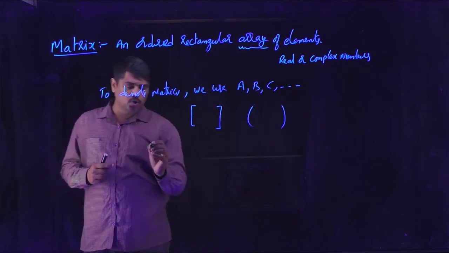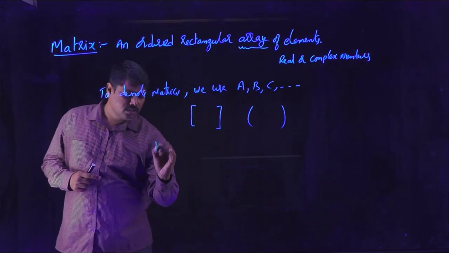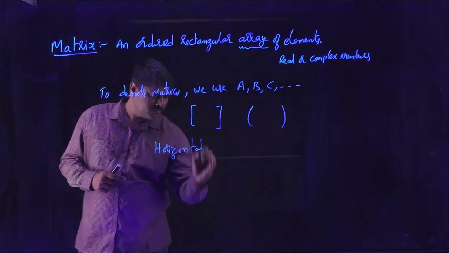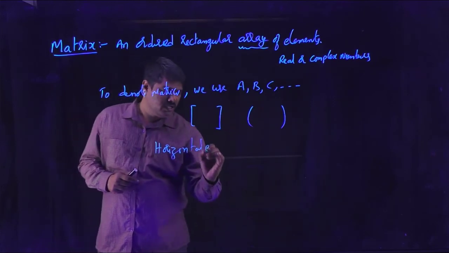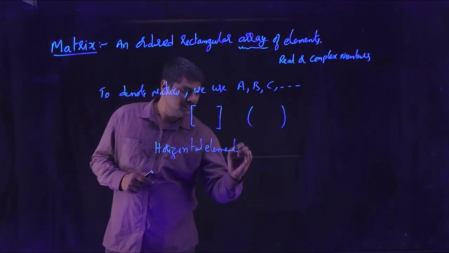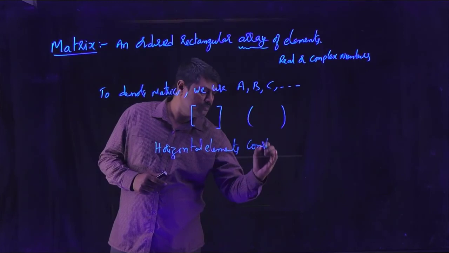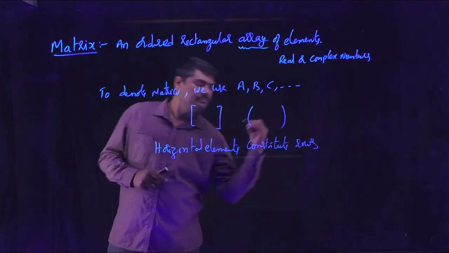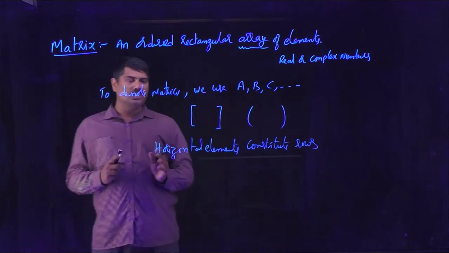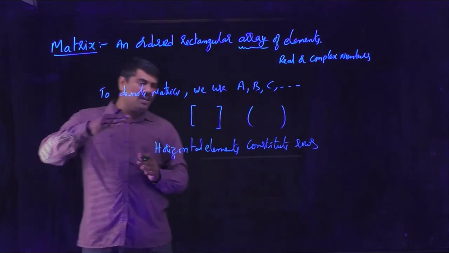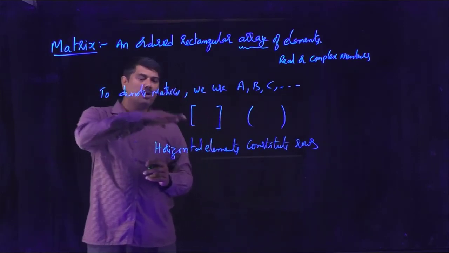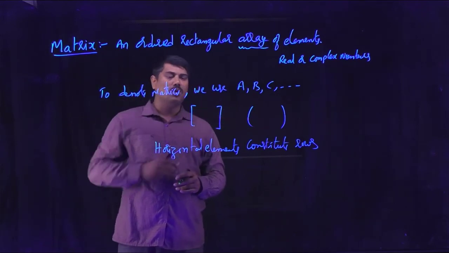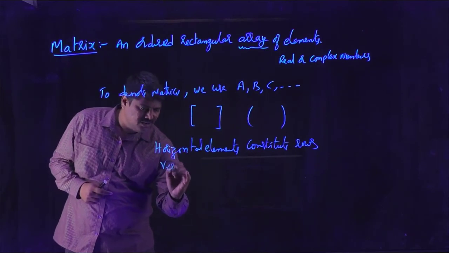One is the horizontal way. Horizontal elements constitute rows. The elements which are arranged in a horizontal manner are constituted as rows.